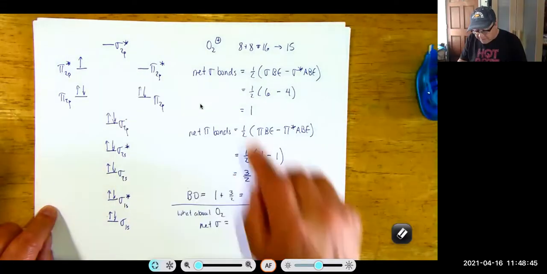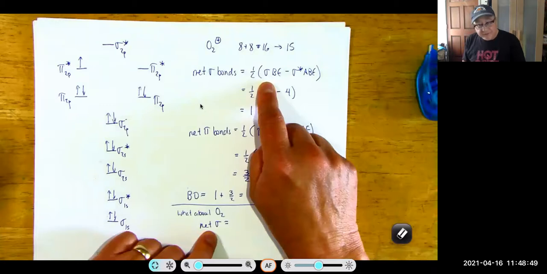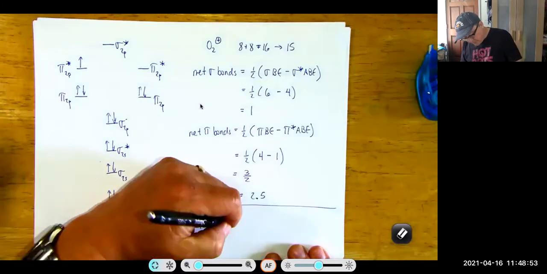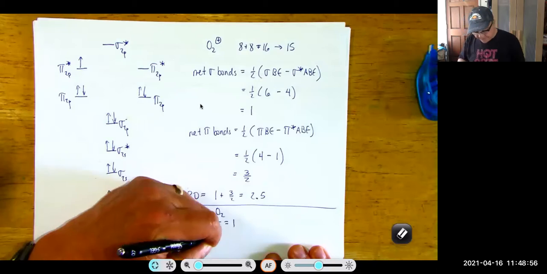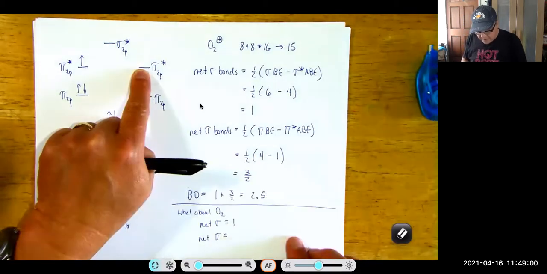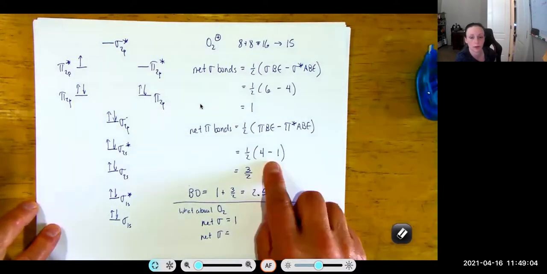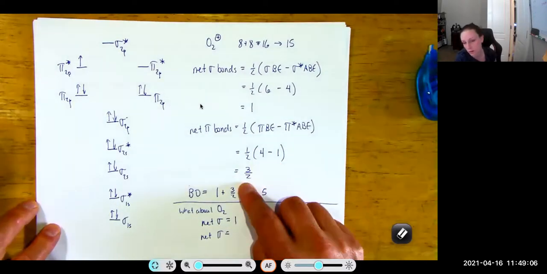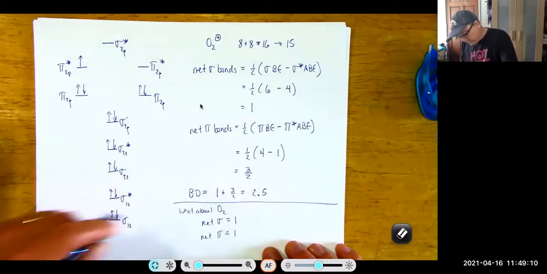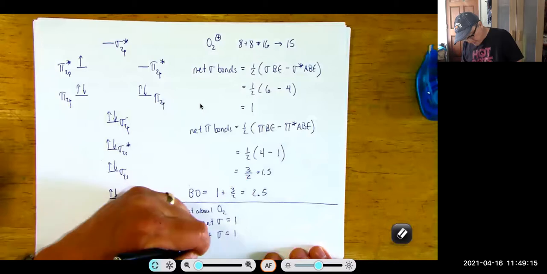So how would that affect your net number of sigma bonds? It wouldn't. How would it affect your net pi bonds, if we had another one there? Well, we would do 4 minus 2, and then half of that would be 1. So the net would be 1 instead of 1.5, right? And what would your overall be? 2.